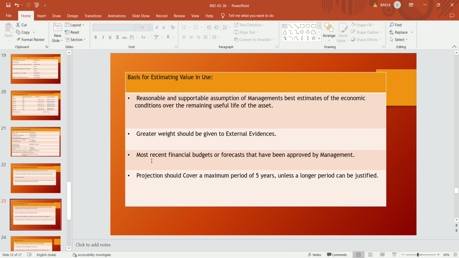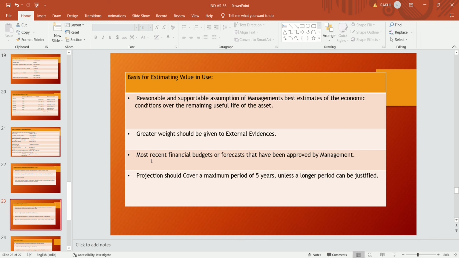What basis is to be taken into consideration for determining the estimation of value in use? Firstly, reasonable and supportable assumptions are to be taken by the management to estimate the economic condition of that asset over the useful life of the asset.